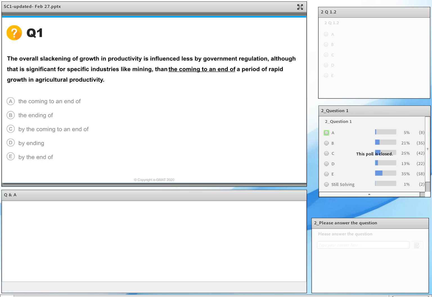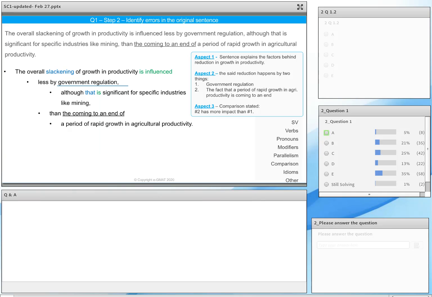So let me broadcast. Our first time around is the second bottom poll. Now let's discuss these answer choices. Grammatically speaking, and we discussed this when we went through that splits method, we have an issue of parallelism here, right?